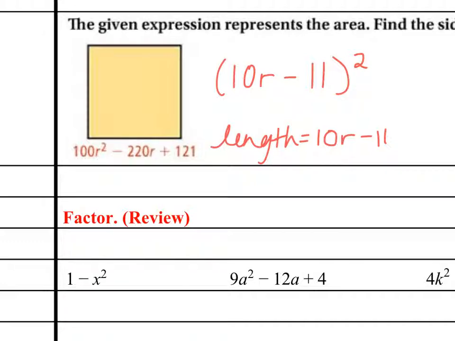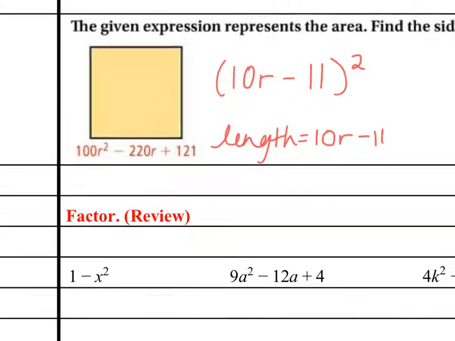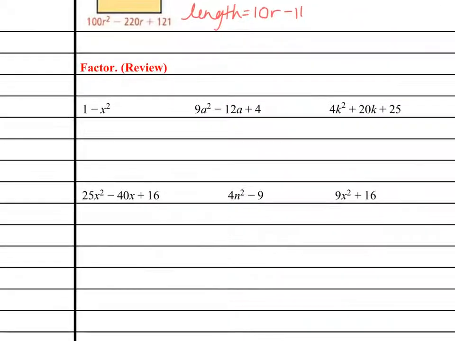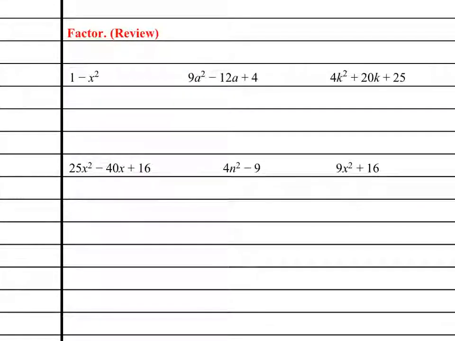But just make sure you put parentheses around it. So this is a difference of perfect squares, like we had on these and like here. Okay? So it's going to be plus something and minus something.